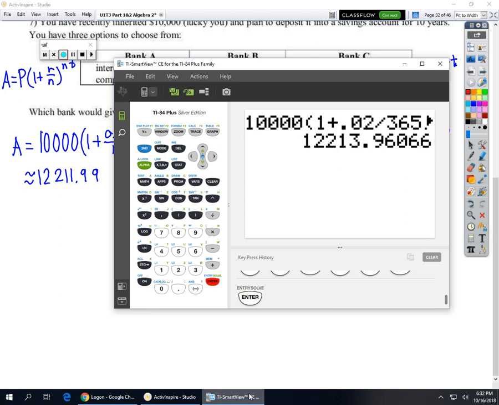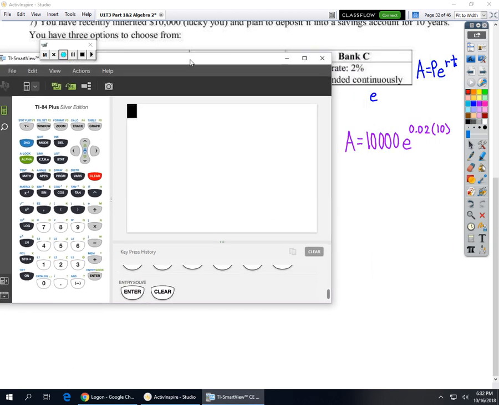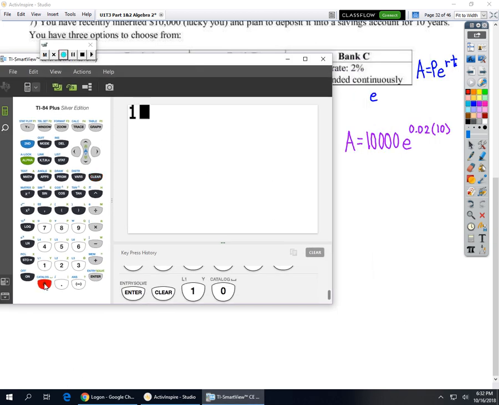Last one. This is the easiest equation just because all you need to do is put e. All right, so let's erase this. This is giving me a headache. 10,000, e to the 0.02 times the time, which is 10. Nope, messed up. 10.